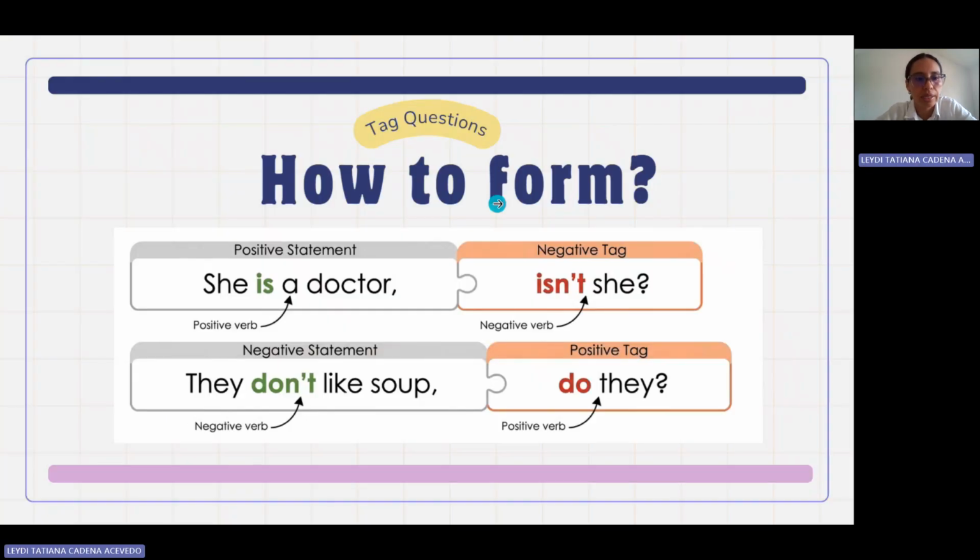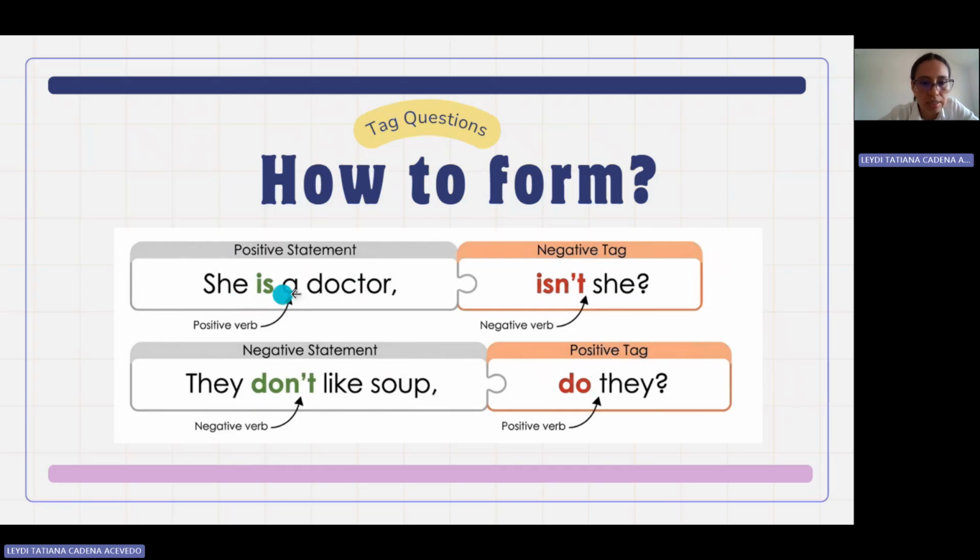How to form them? First, we need to check if the sentence is negative or positive. If the sentence is positive, the tag question is negative. If the sentence is negative, the tag question is positive. We also need to pay attention to our subjects and the auxiliary verb.